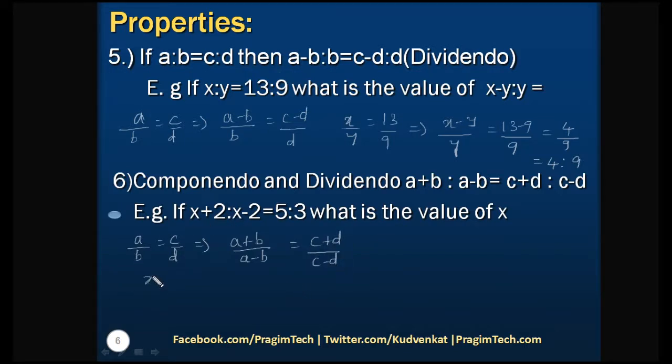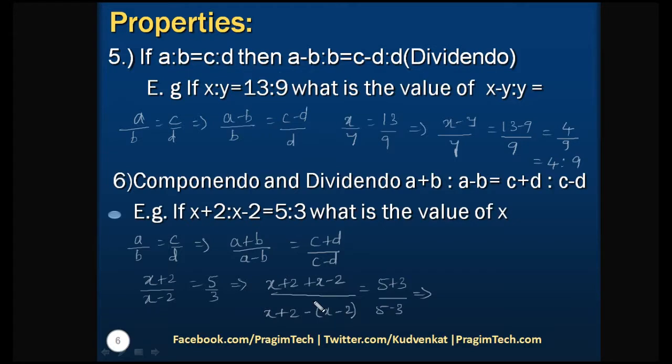If X plus 2 by X minus 2 is equals to 5 by 3, then what is the value of X? To find out this, let's apply componendo and dividendo. That is X plus 2 plus X minus 2 divided by X plus 2 minus of X minus 2. This will be equals to 5 plus 3 by 5 minus 3.